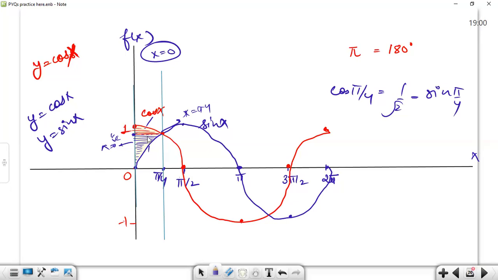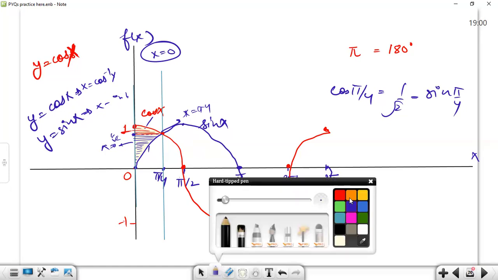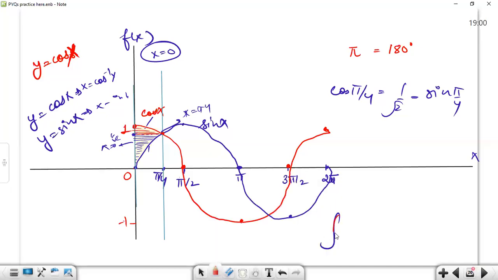Are you with me? Yes. So, finding the function in terms of y: x equals cos inverse of y, and this would be x equals sine inverse of y. Now integrating, let's find this red area using the red pen: the integral of cos inverse of y dy, from where to where? 1 by root 2 to 1.